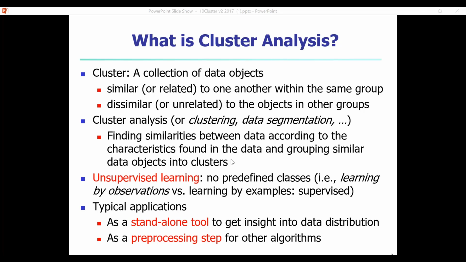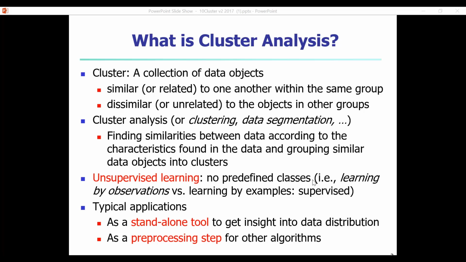Okay, and this is probably one of the best examples of unsupervised learning. There are no predefined classes. For example, when you do market segmentation, nobody has a market segment number on there for it. You have to create the market segments depending on the values of the attributes.